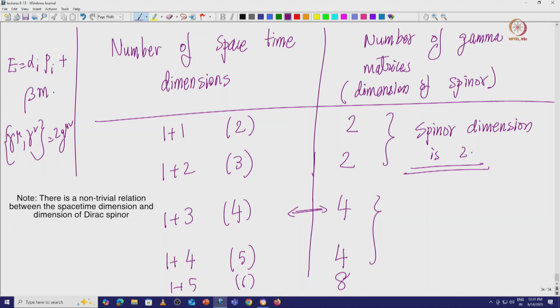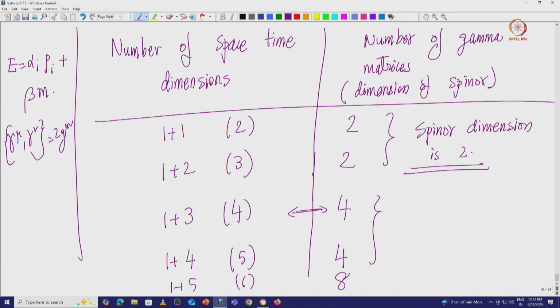Now, how do I see this? You go back to your E equals alpha dot p plus beta m. Here the index i runs over 1 and 2. In the first case, there is only 1 alpha and 1 beta, so only 2 matrices are required.